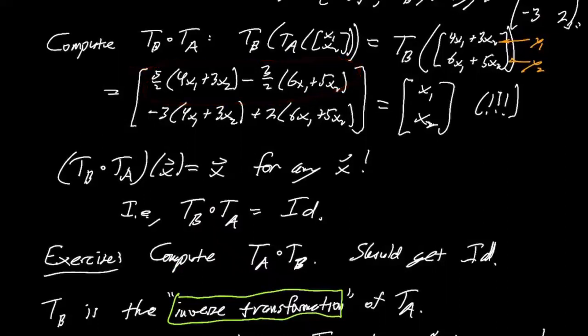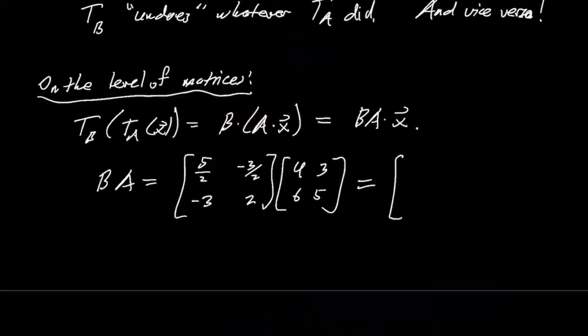You in fact get like 5/2 times 4 plus -3/2 times 6, right? Especially if you do this row dotted with this column. And so in fact that does equal 1. And then you do this dotted with this to get the top right entry, and it's 5/2 times 3 plus -3/2 times 5, which we also saw gave us a 0, and then 0, 1.